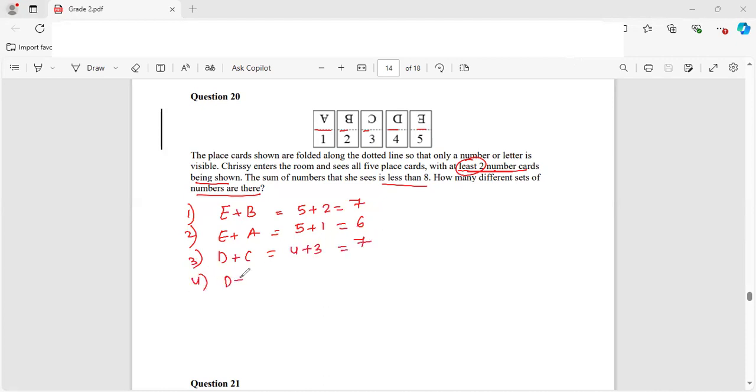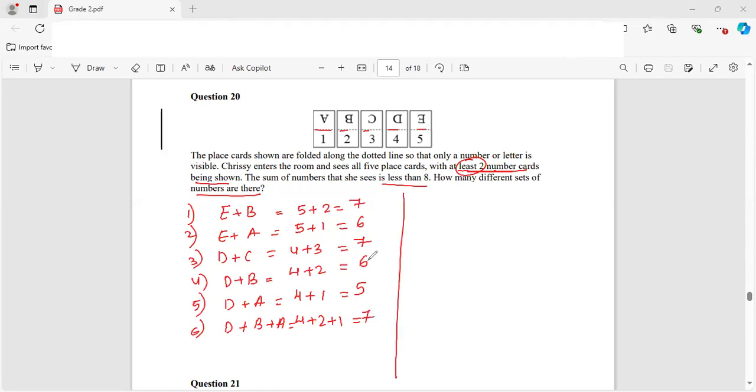Then you can have D plus B, which is 4 plus 2 equal to 6. All these numbers are less than 8. Then you have D plus A, which is 4 plus 1, which is 5. You can also have D plus B plus A, which is 4 plus 2 plus 1, which is 7.